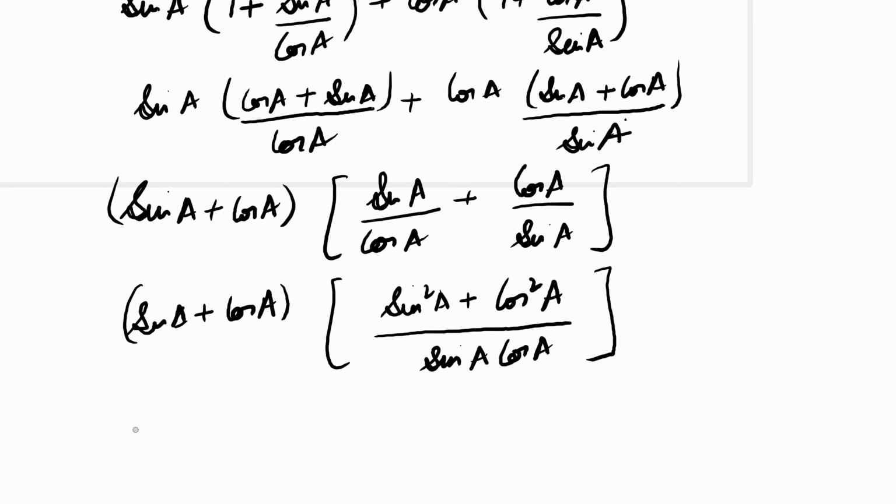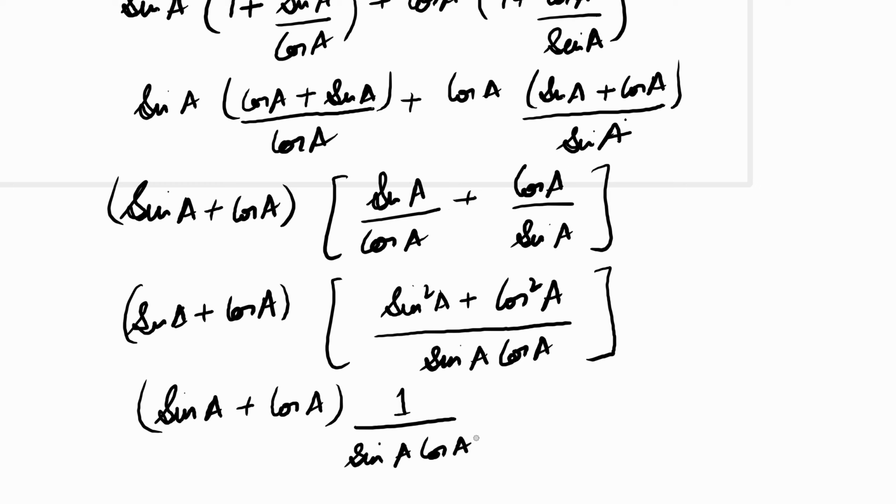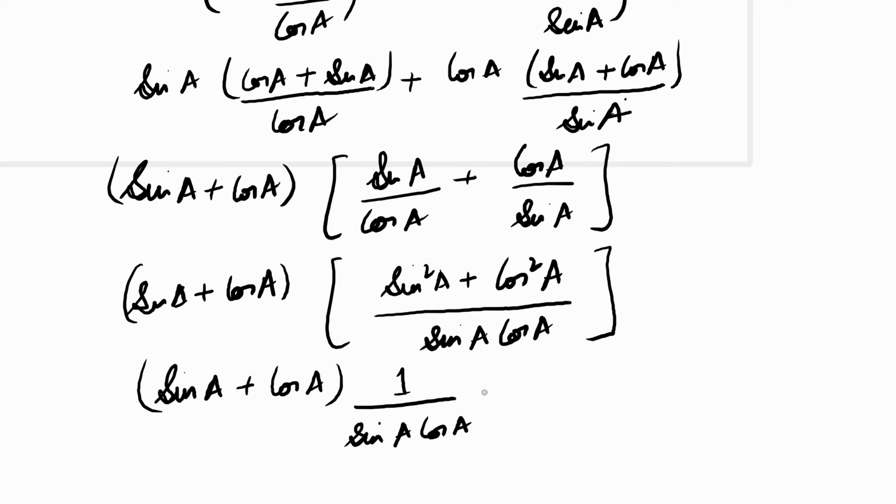So again we will be using sin square A + cos square A = 1. So (sin A + cos A) times 1 upon sin A cos A. And then what we will do?